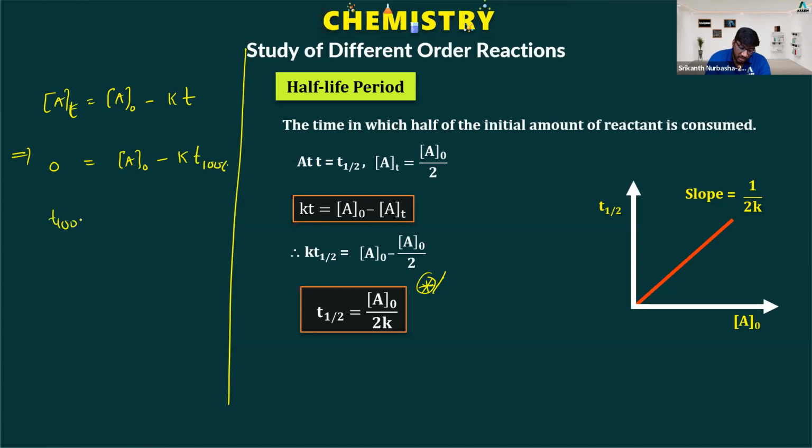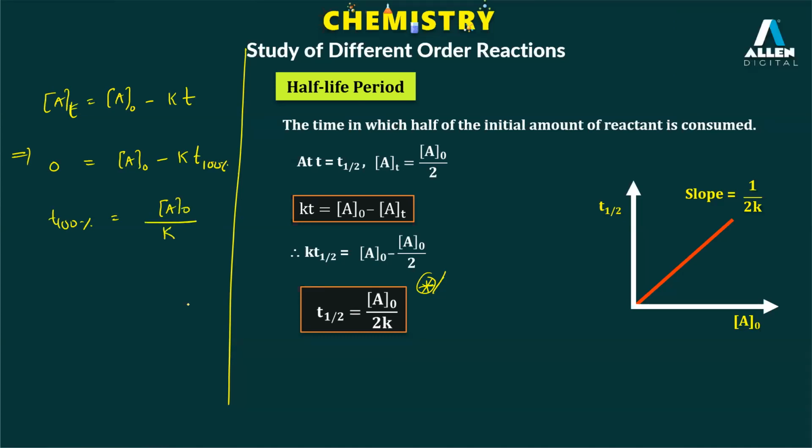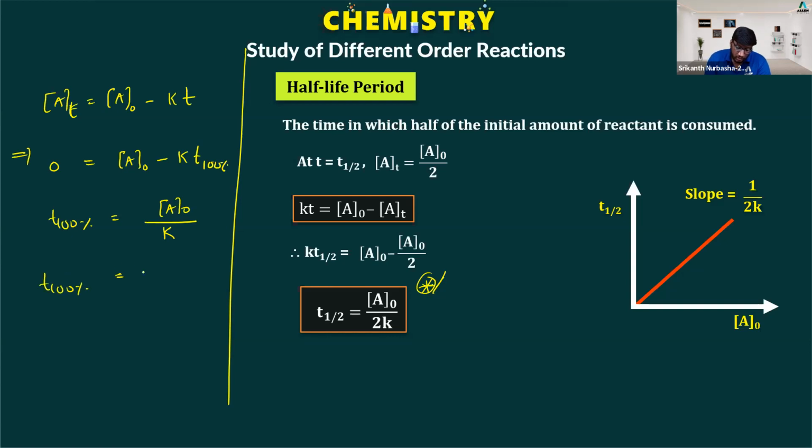So T 100% is initial concentration divided by K. Initial concentration divided by 2K is T half, so T 100% is 2 times that of T 50%.